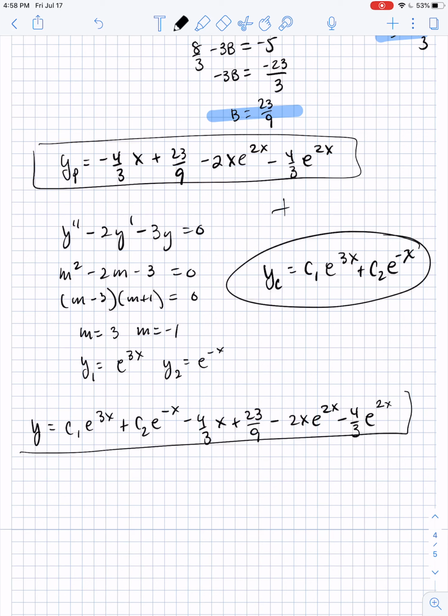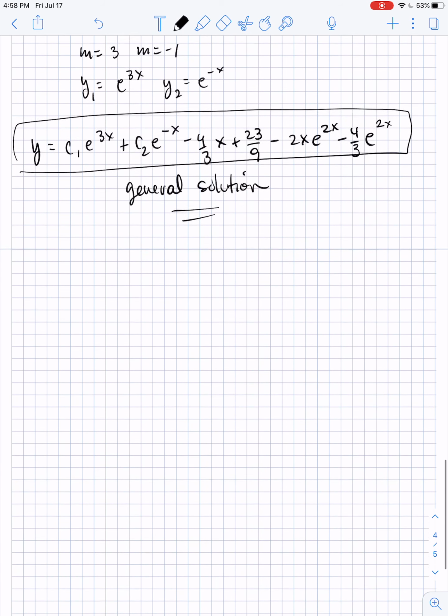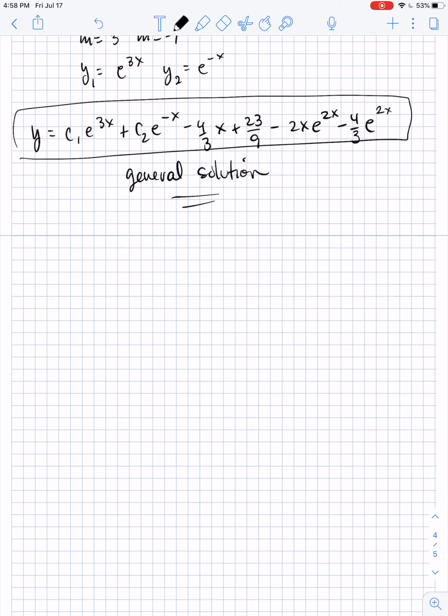Okay, so that's what happens there. And this is your general solution. So they can take a little while. Your algebra skills have to be up to par.